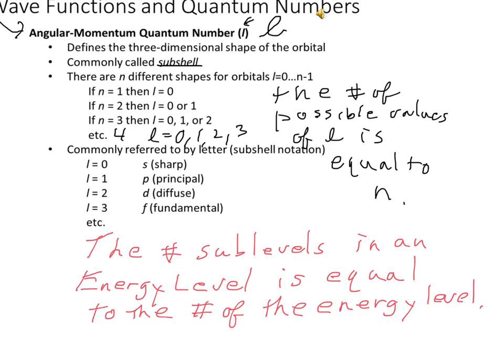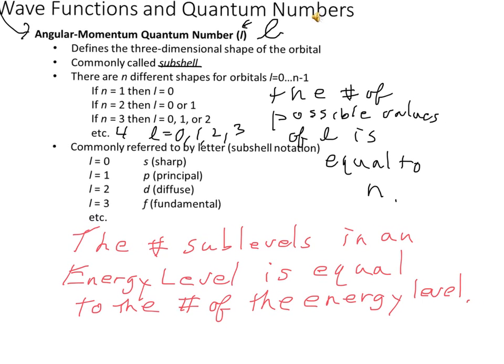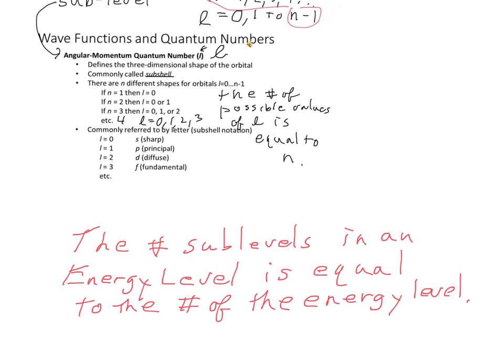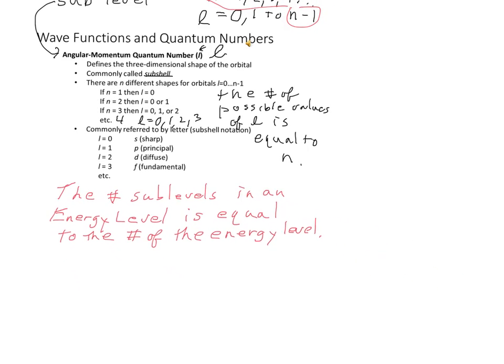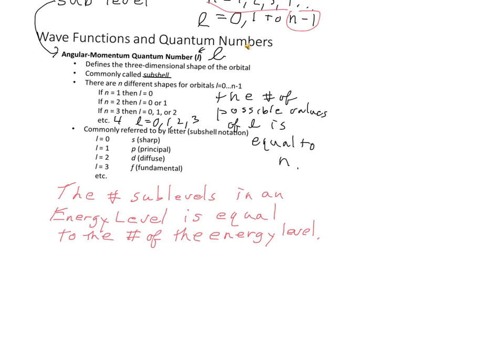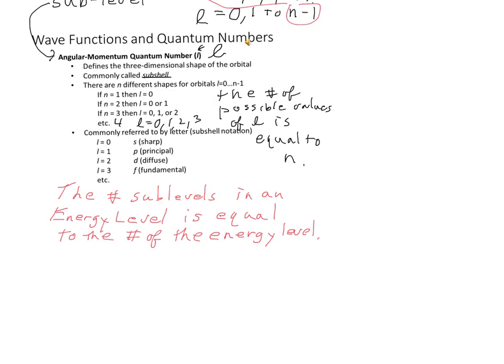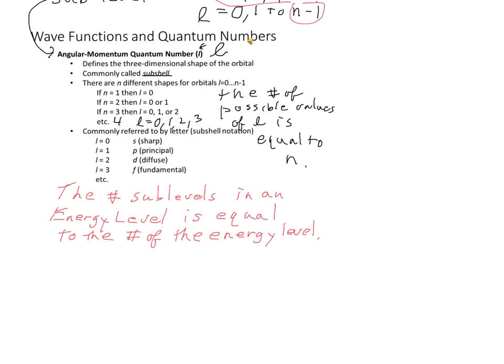If you've had chemistry before, then you also know that the angular momentum quantum numbers can also be represented by letters. Unlike energy levels, the angular momentum quantum number is most commonly talked about in terms of its letters.